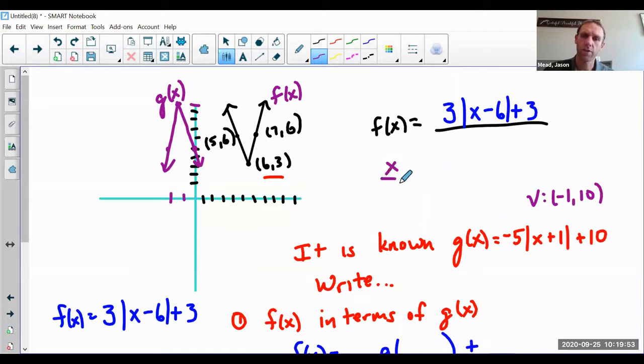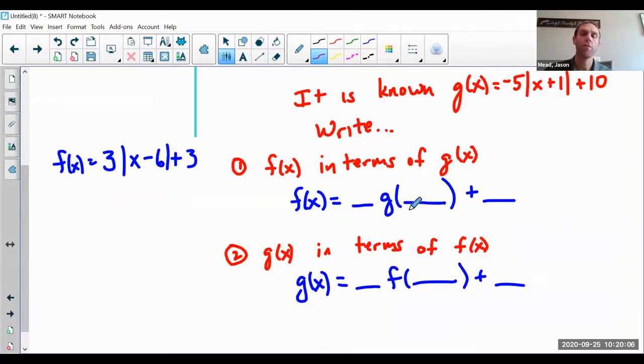So the x values from g, the vertex was at -1. The new vertex is going to be at +6. So what do I have to do to the x values? If I'm moving from g to f, I have to move them to the right 7.